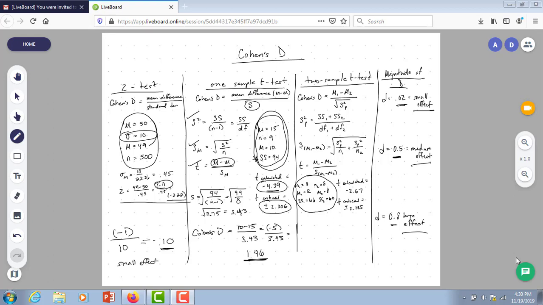That is if we round it to the hundredths place. Now, this 1.46, if we go to this magnitude of the D column, we will quickly realize that this is a large treatment effect.